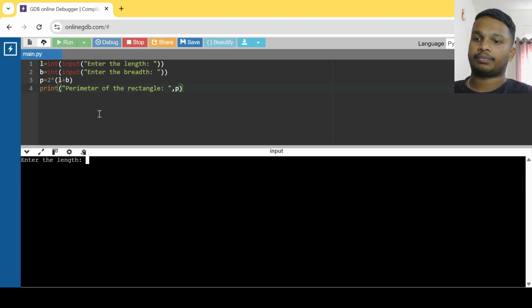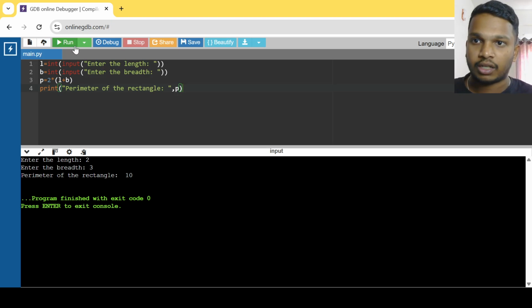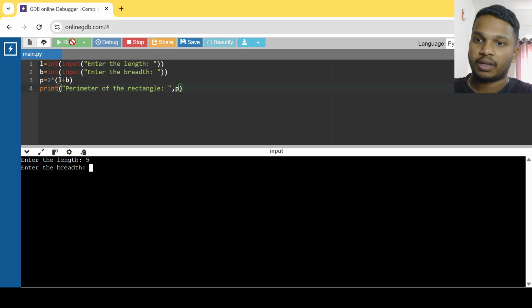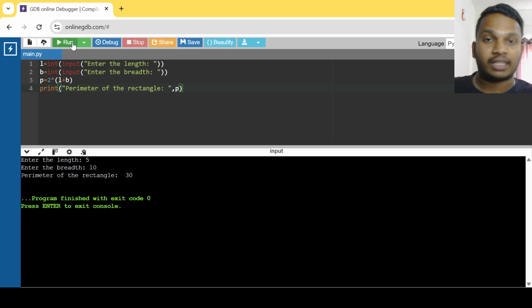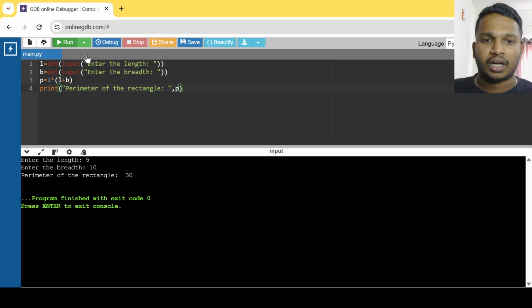See now 2 and 3, 10 as it is, the same value. Again, the case we did before, 5 and 10, it should print 30, right? Whatever cases we discussed, in both logics we are getting the same answer. If both of us are getting the same answer, then your program is correct and my program is correct.